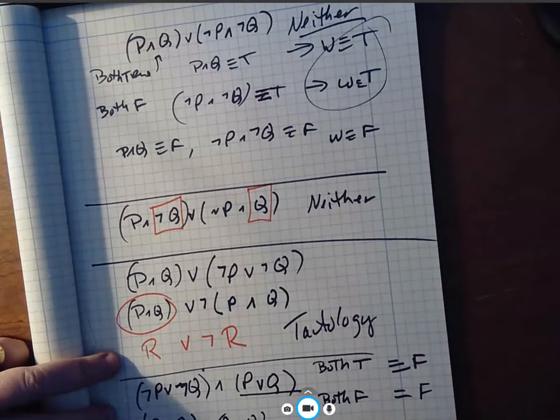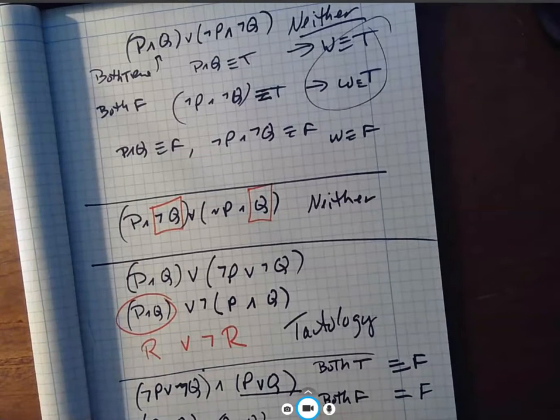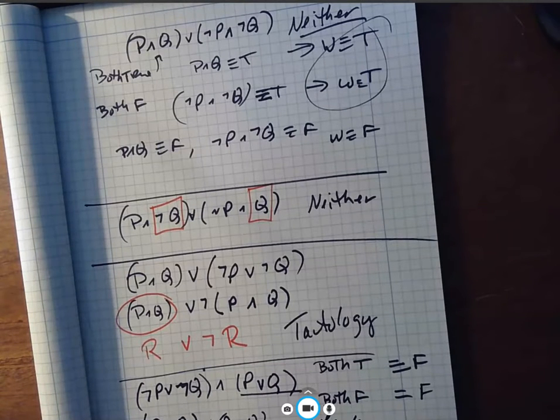What if one is true and one is false? They're pretty much isomorphic here. If I have one of each, then this will be true, and this will be false, which is a true. So I have a true and a true, which makes this true.